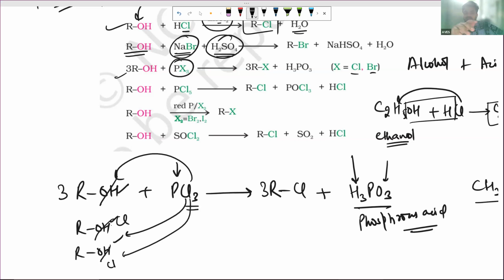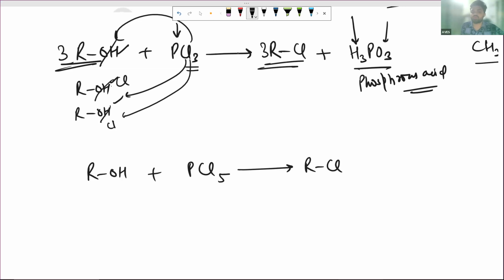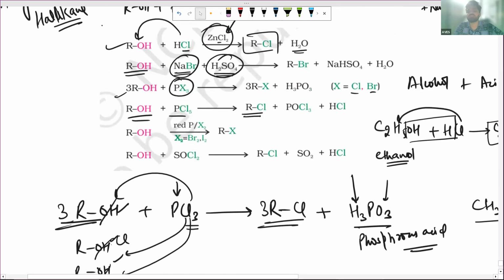Now the next one is PCl5, which is important. If we have PCl3 instead, then we require 3 times alcohol and we get 3 times alkyl halides. But if you have PCl5, then only 1 alcohol will react. For example, when ROH reacts with PCl5, it will take only 1 chlorine to form RCl.